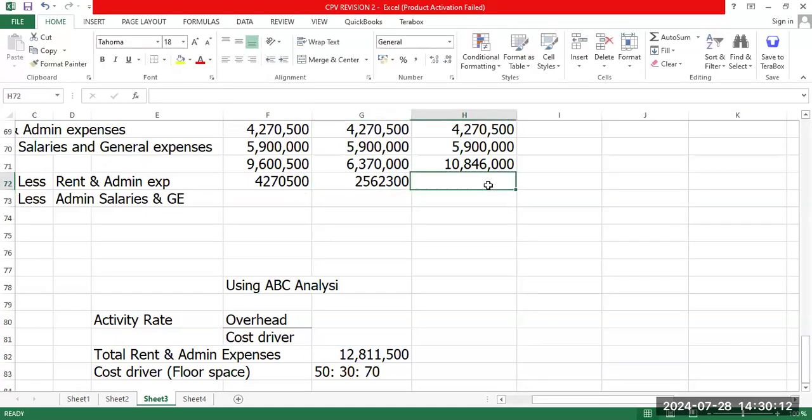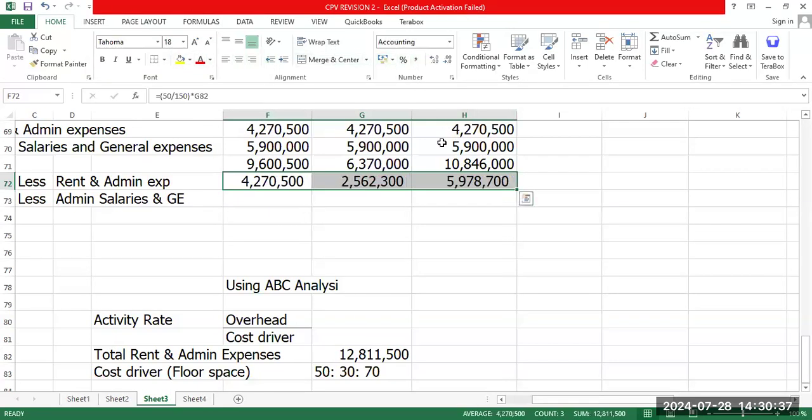I do the same for the final department, where the floor space is 70 divided by the total floor space. Then everything I multiply by this. Are you getting how I'm trying to get this?